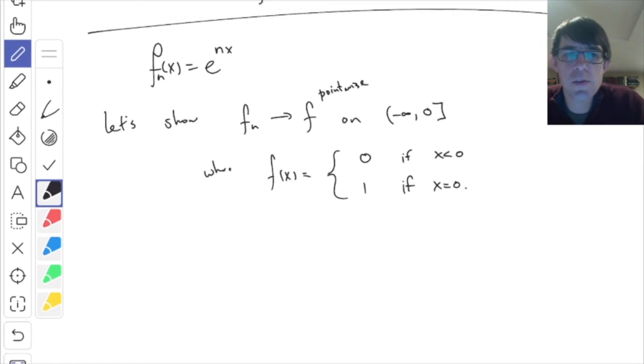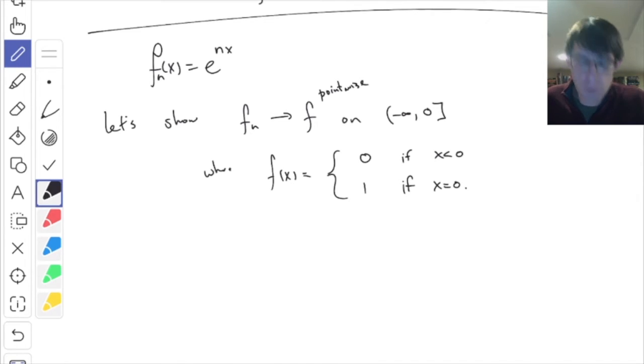All right, this is what I want to demonstrate. This was that first example that we had. If I just give you a sequence of functions, it's usually a good idea to look at graphs to first figure out what you think it converges to, and then see if you can actually prove it. I want to show that it converges pointwise on this set, minus infinity to 0.